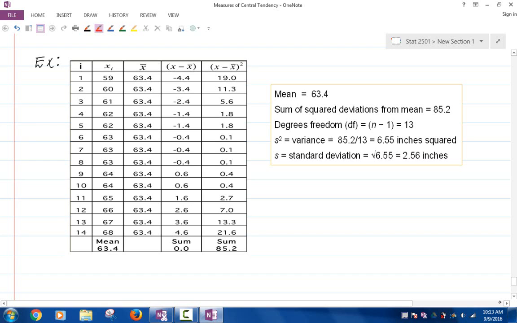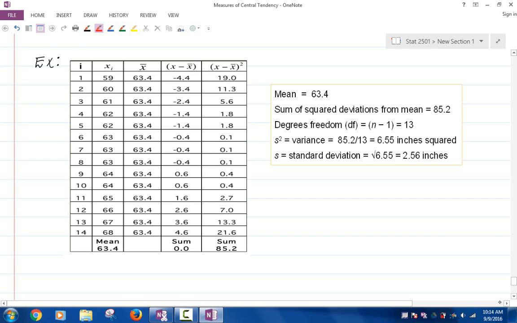So what's the degrees of freedom here? The degrees of freedom here is 1 less than the data size, right? Data size here is 14, so 1 less than that is 13. So the degrees of freedom is 13 here.